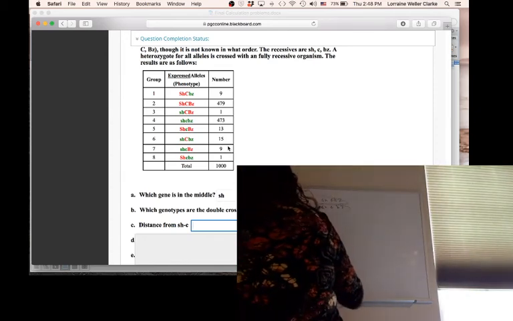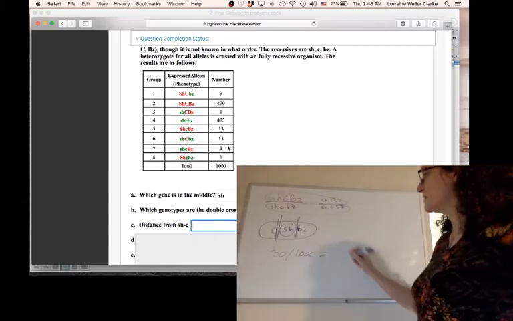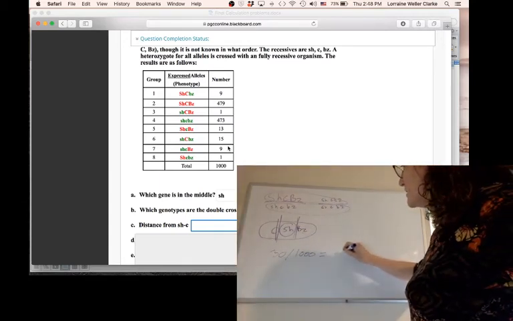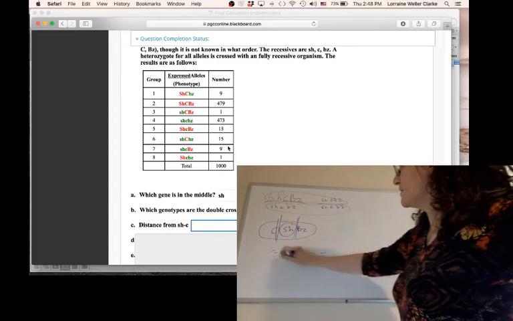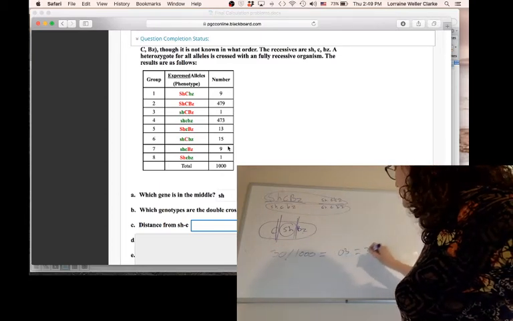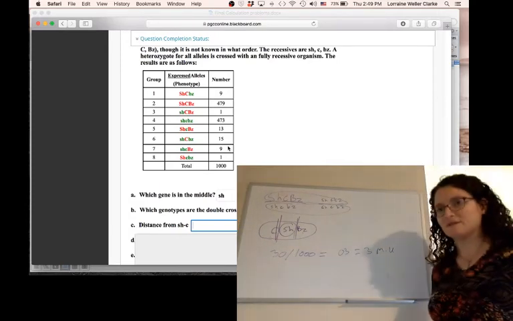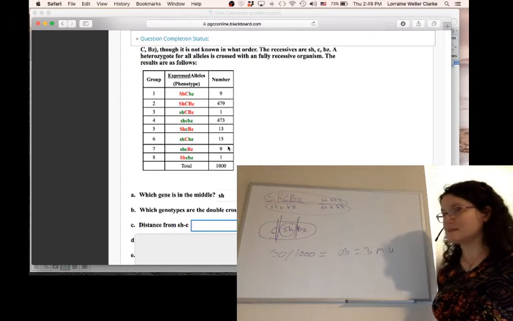30 over 1,000 equals 0.03, 3 map units. Do you guys see how I did that?